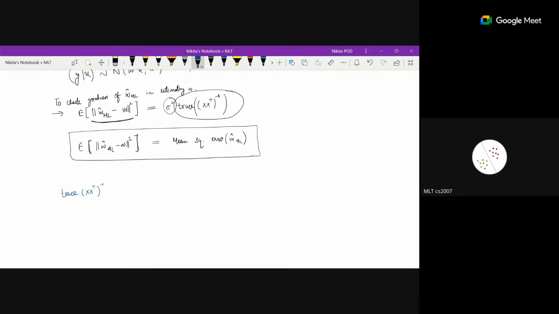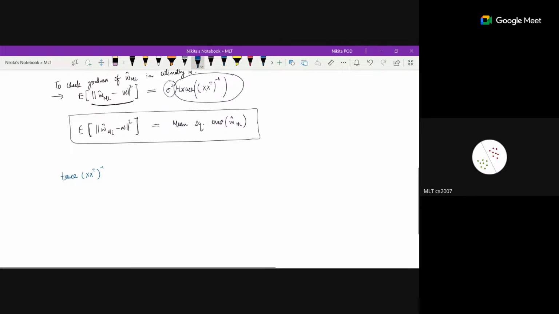Usually, what is the trace of a matrix? You have a matrix, you know its eigenvalues, you add all these eigenvalues and you get the trace of the matrix. So that is what we have to figure out: how do we choose this?